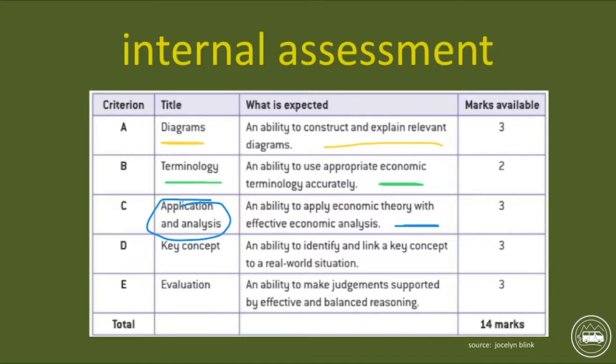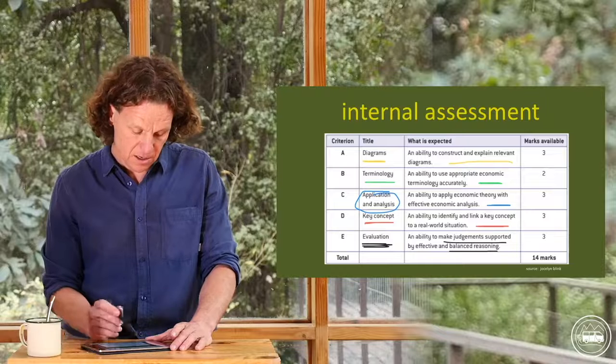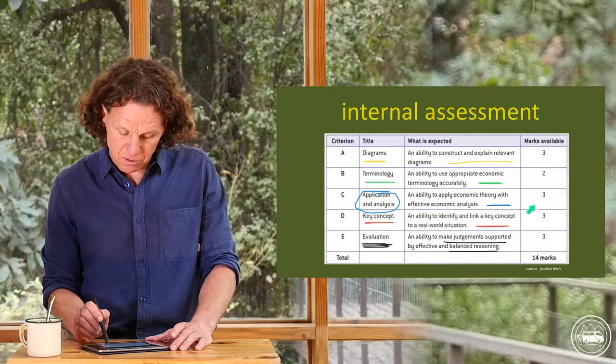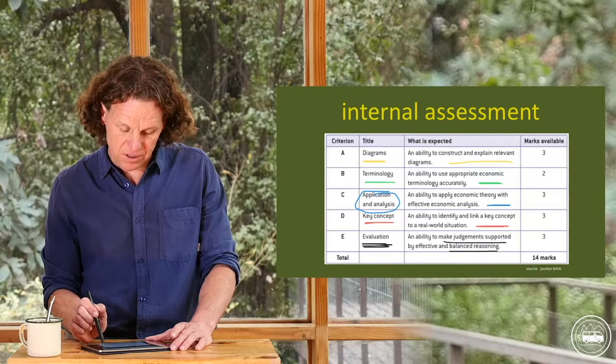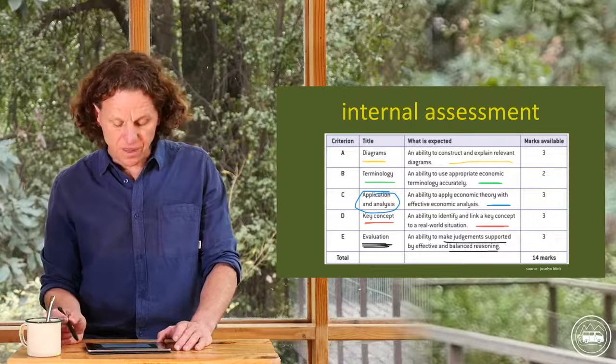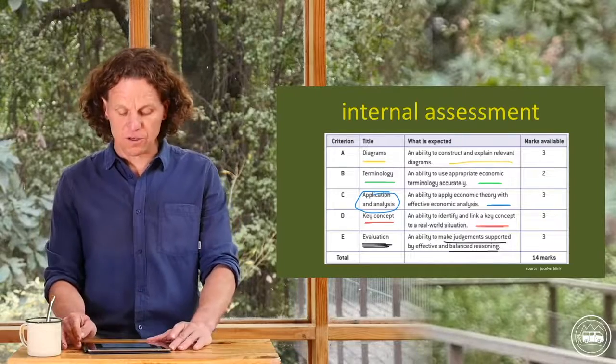You are going to be assessed on the key concept, your ability to identify and link the key concept with the real life situation. And then in the end, you'll get marks on evaluation based on the ability for you to make judgments supported by effective and balanced reasoning, okay? So if you add that up, 3 plus 2 plus 3 plus 3 plus 3 is 14, okay? So that's how they arrive at the score for your internal assessment.